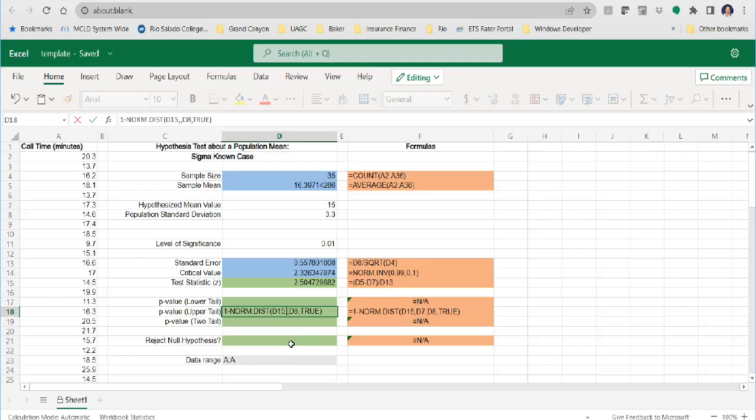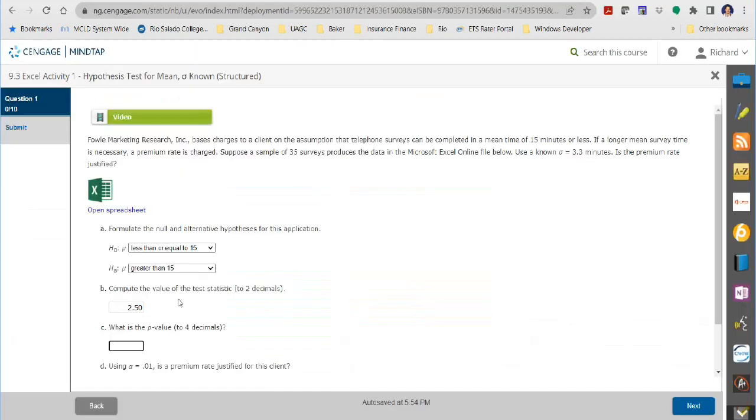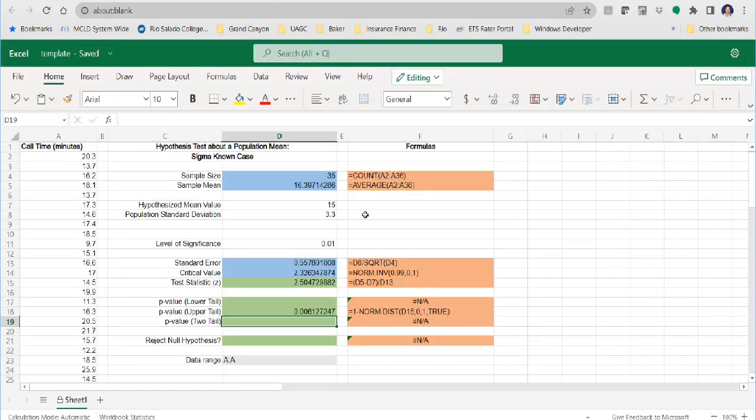Right here, I want to put in again 0 and 1, because we're on the standardized normal distribution curve. And go back and put the equal sign in. And get a p-value of 0.006. And that's 4 decimals. They want 3 decimals, 0.0061.